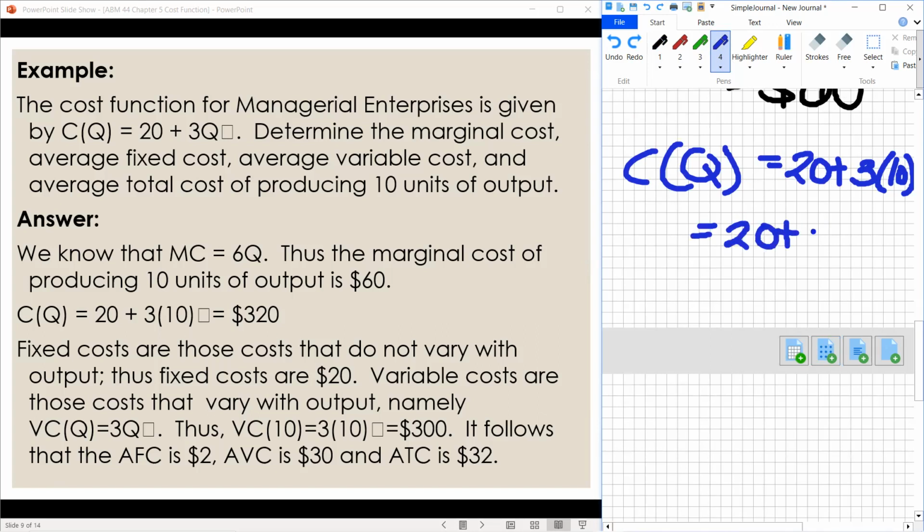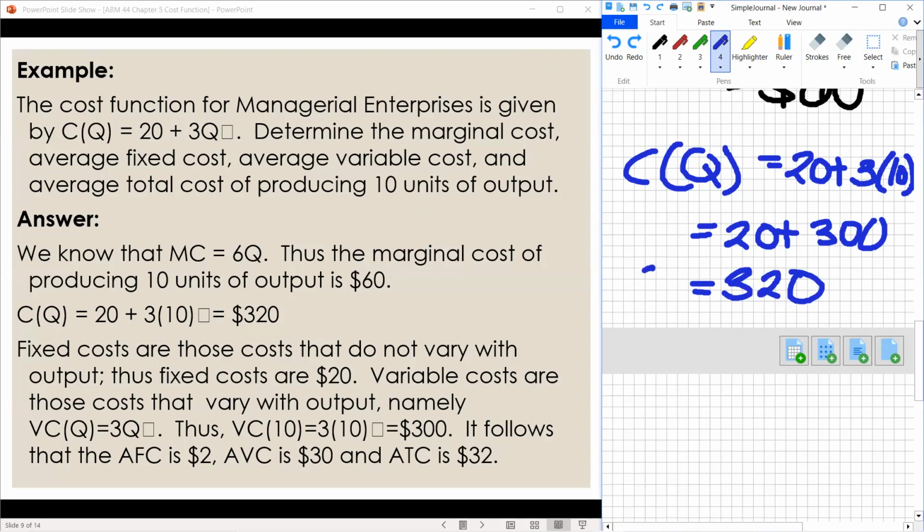So 20 plus 30 is equals to, sorry, I forgot the 0. 20 plus 30, so this is actually 300. 3 times 10 is 300. So 20 plus 300 is equals to 320.